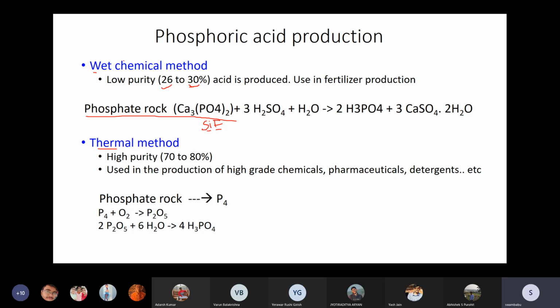If the purity of the rock is higher, then we use the thermal method. The thermal method is more economical. Of course, we can use either method, but in terms of economy, if the phosphate rock purity is higher, we use the thermal method, and if it is lower, we use the wet chemical method.